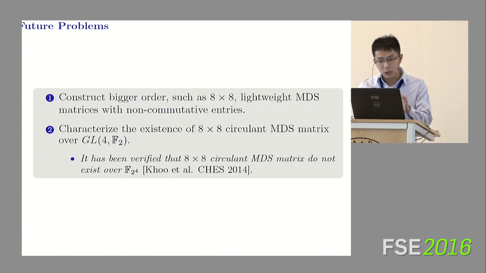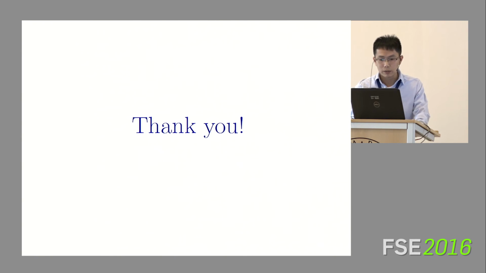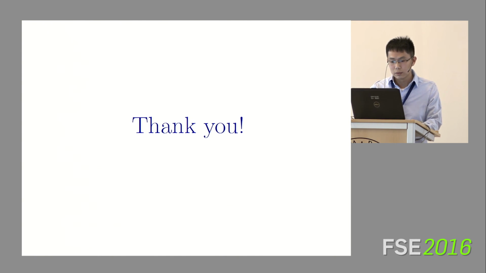There is also another problem: whether circulant involutory MDS matrices of order larger than or equal to 6 exist or not, especially of order 8. In essence, this is only one problem: how to characterize a matrix with non-commutative entries, and then how to characterize its singularity efficiently.